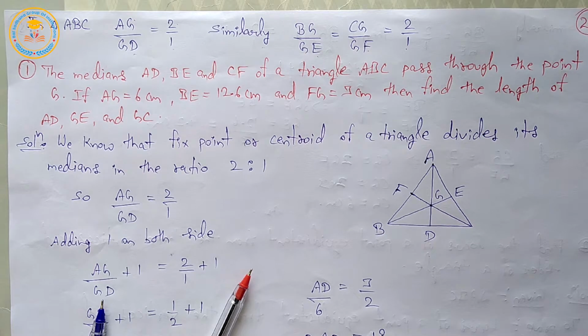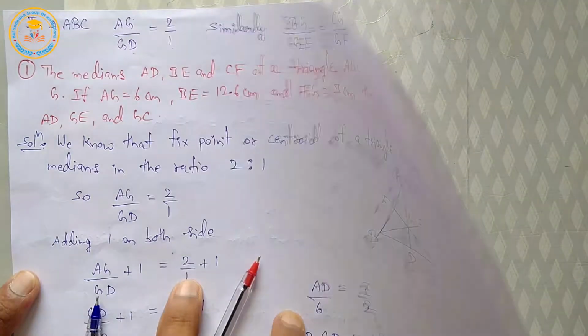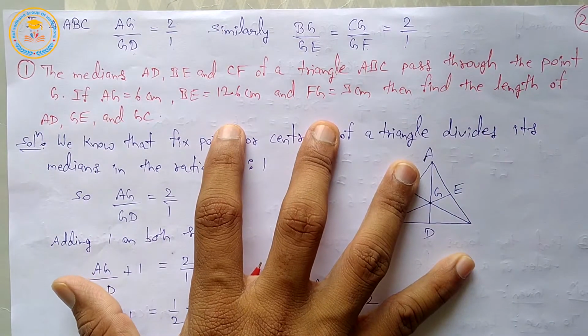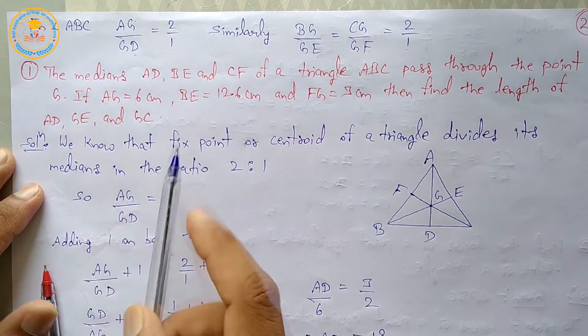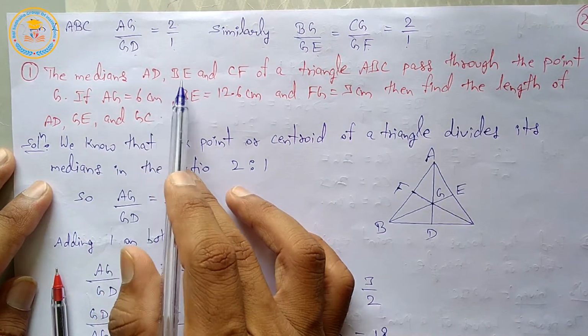G. If AG is given 6 centimeter, BE equal 12.6 centimeter, and FG equal 3 centimeter, then find the length of AD, GE, and GC. Okay.